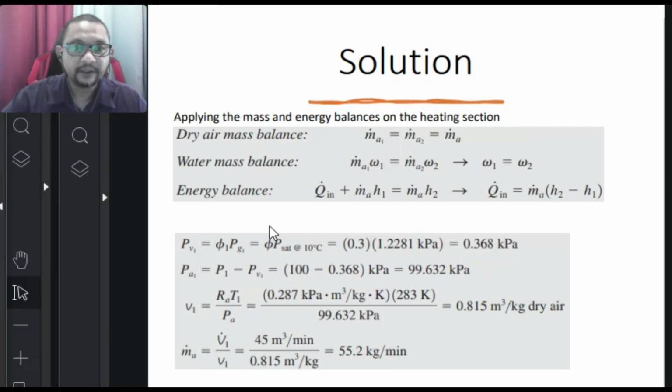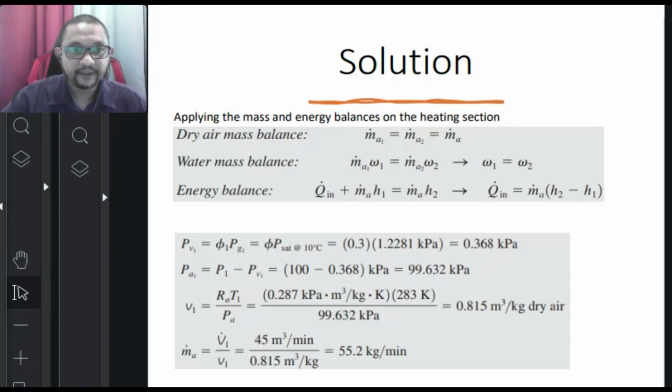So you know the formula: the vapor water pressure at 1 is equal to φ1 Pg. Pg is the pressure at saturated air, which is also P saturated at 10 degrees Celsius. So you should find P saturated at 10 degrees Celsius.